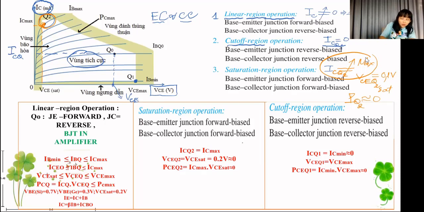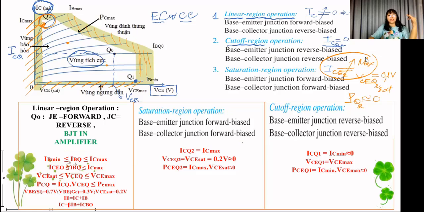And here we have 3 areas. The first area is cutoff. The second area is saturation. Only this area here has amplification. And of course, here is the not-working area, which we call breakdown.